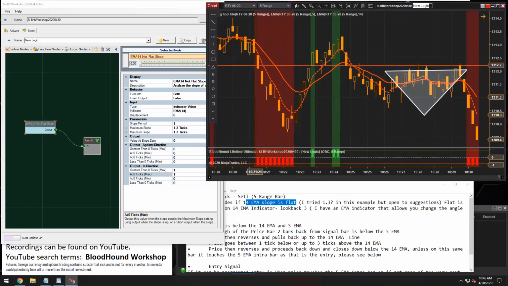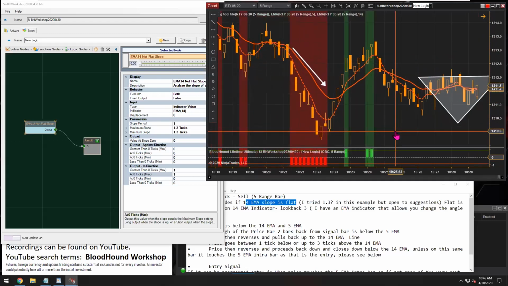Yeah, so we can see that under this chart's current scaling, we're only getting a slope output when this EMA looks really steep right here.